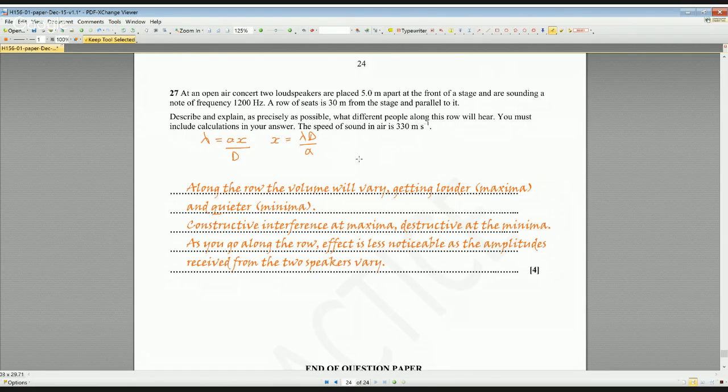Now we don't know lambda, however, we do know the frequency and the speed of sound, so v equals f lambda. So lambda equals v divided by f.